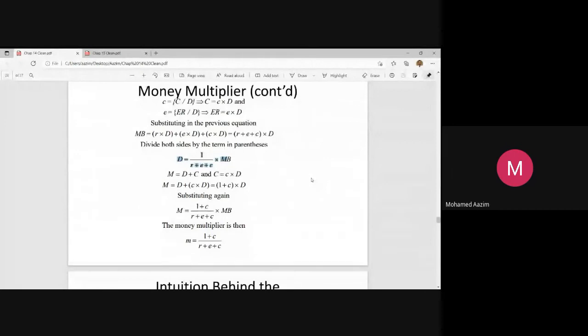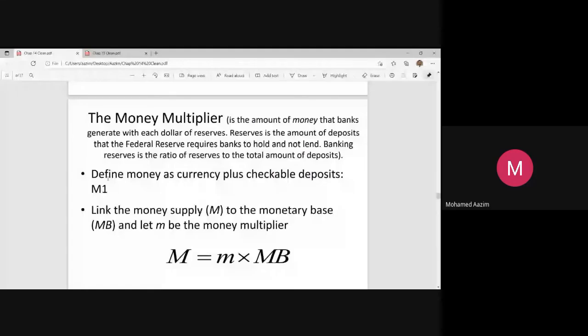Okay, so I have now come to the point where I defined this at the very beginning of explaining the money multiplier. You see it's here. We defined money as currency plus checkable deposits when we started discussing the money multiplier. That is important.